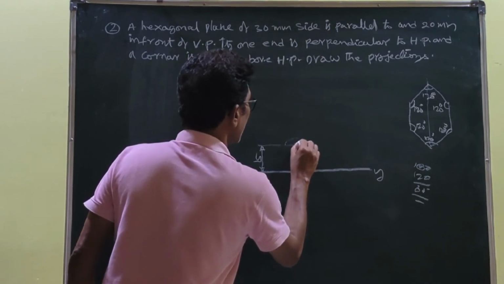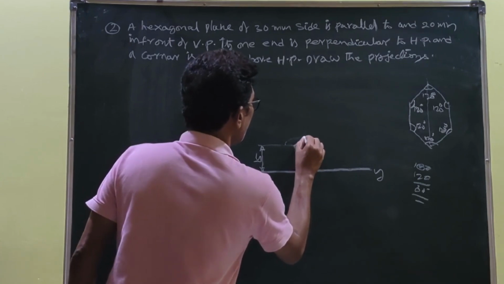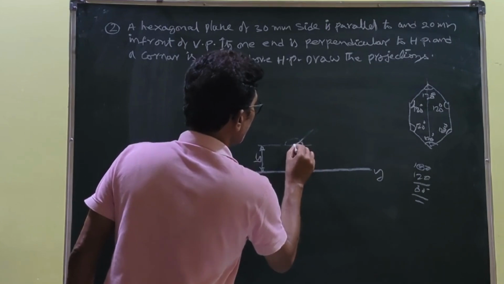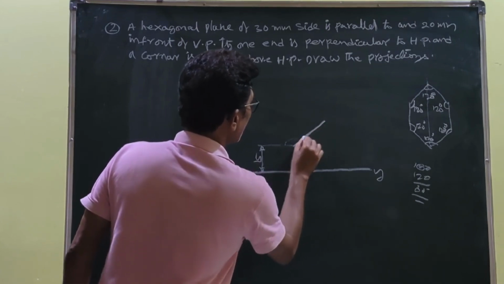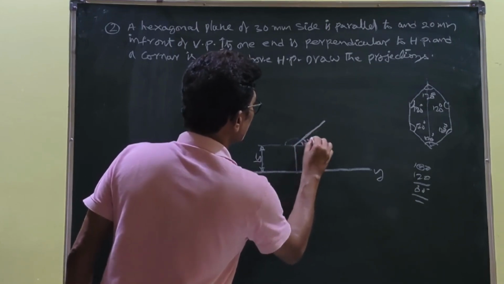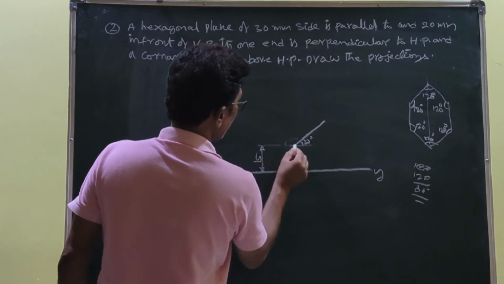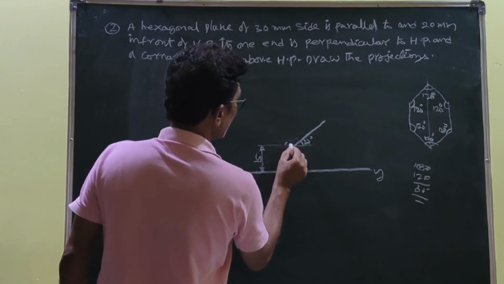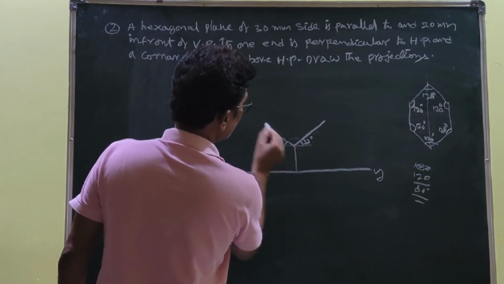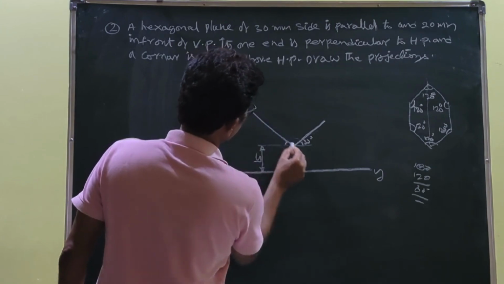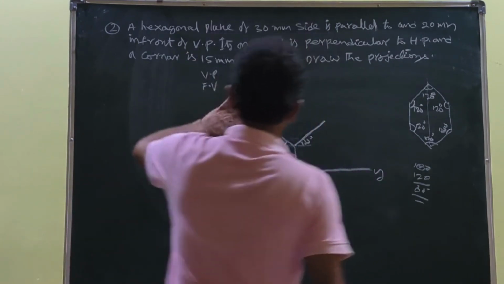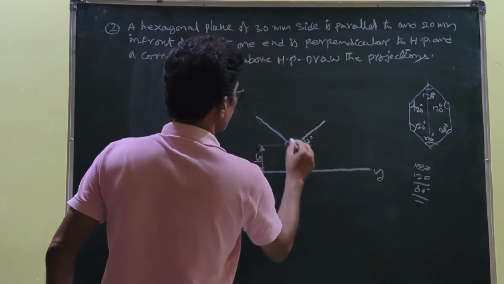So you draw a line like this. At the same time, here also you draw a line at 30 degrees from this side. 30 degrees, okay.